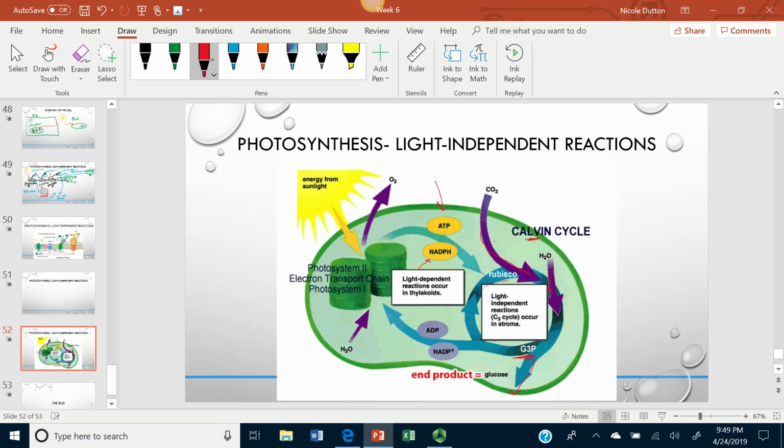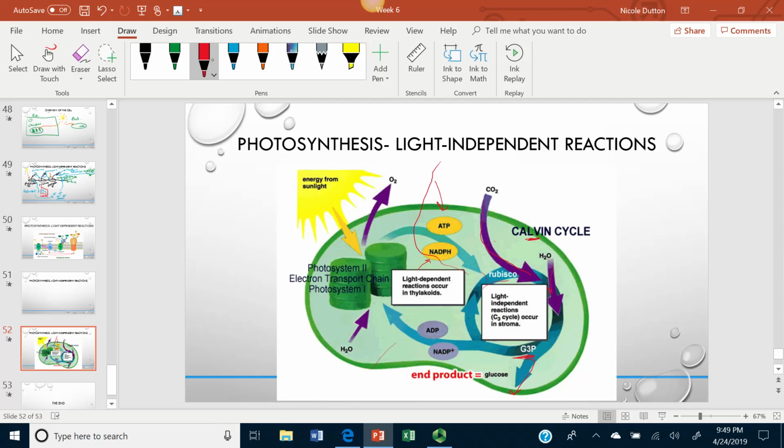This part of the system does not require light. So the light-dependent reactions happened in the thylakoid discs of the chloroplast if we're talking about eukaryotic cells, or just in the cell wall if we're talking about the prokaryotic cell. That produced two components that are necessary for the light-independent reactions.